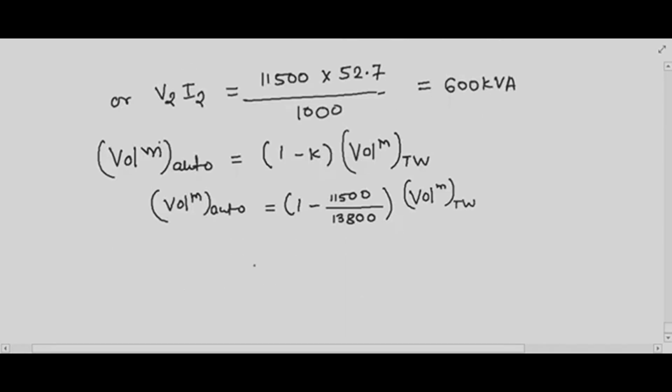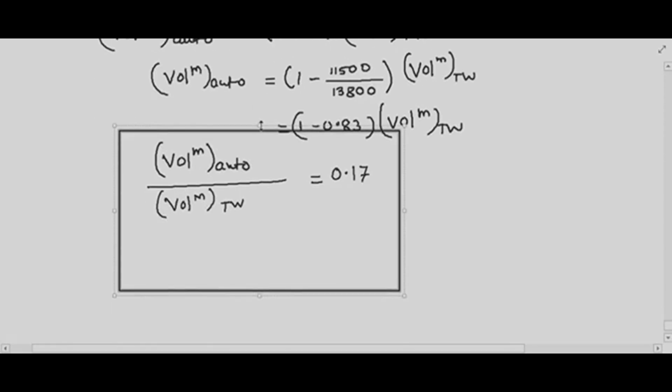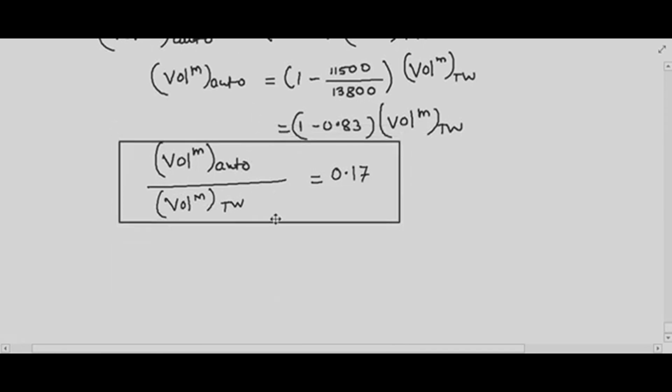So students, you will get this as 1 minus 0.83 into the volume of your two winding transformer. Therefore, the volume of your auto transformer divided by the volume of your two winding transformer is nothing but 0.17. Means the volume of the auto transformer is very much less than that of your two winding transformer, which we have proved in this problem, as we proved in the derivation also.